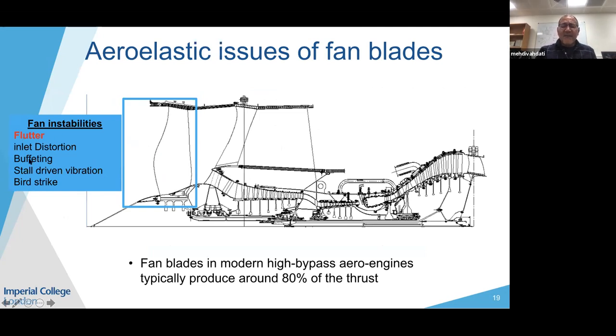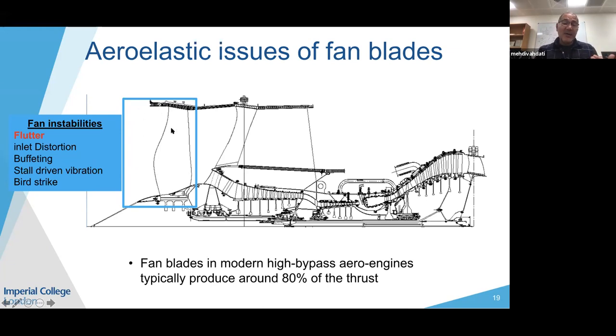And obviously the fan blade is a really important component of modern aero engines, and it creates about 80% of the thrust. And as we are moving to higher bypass ratio engines, this ratio is going to get bigger.